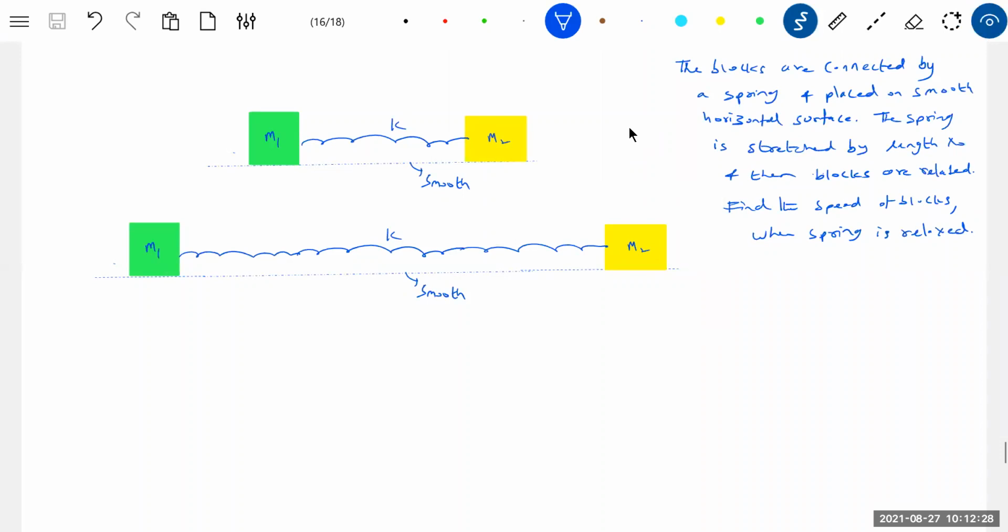Okay, now look at this one. Stretch it by length x naught and the spring is stretched by x naught.